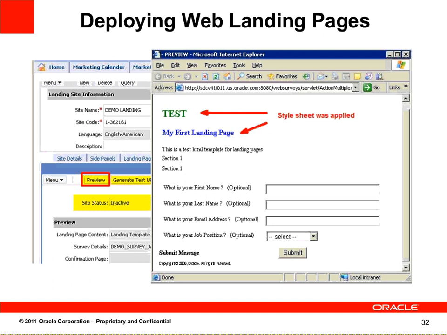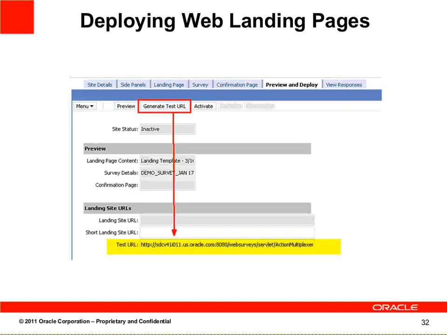Now, what is interesting here is that since we are using a style sheet, you will see that the header 1 and the header 2 are using the settings that we selected in the style sheet. Green for the header 1 and blue for the header 2. So this allows you to have an idea of what the landing page is going to look like, this preview button.